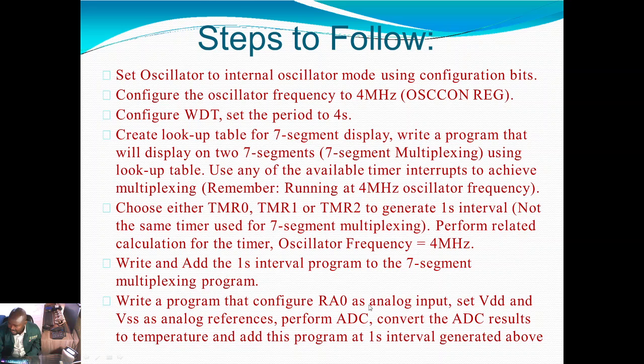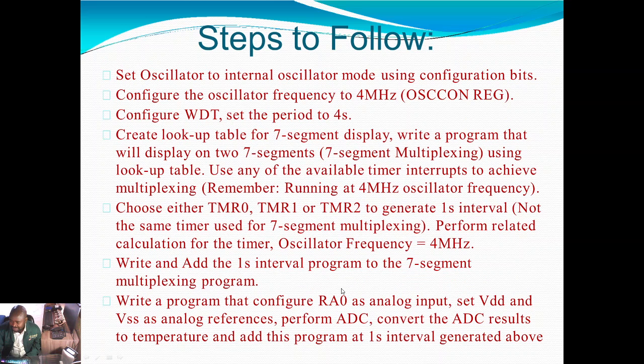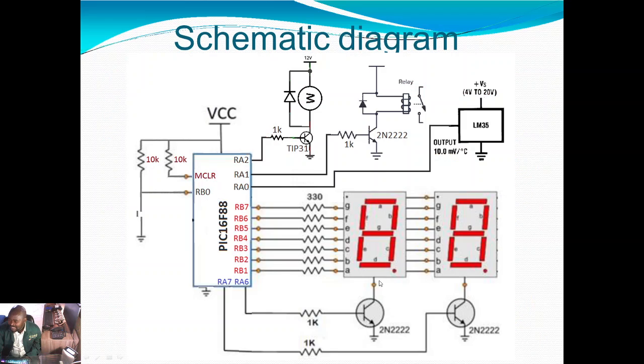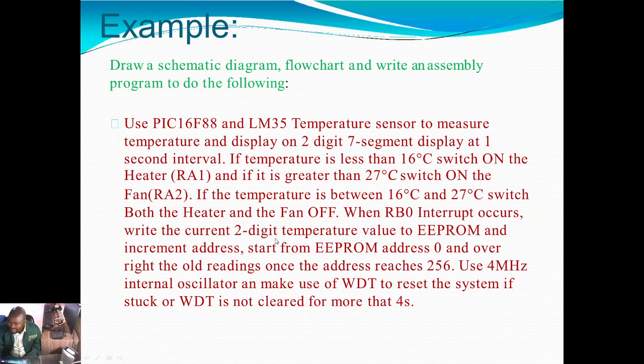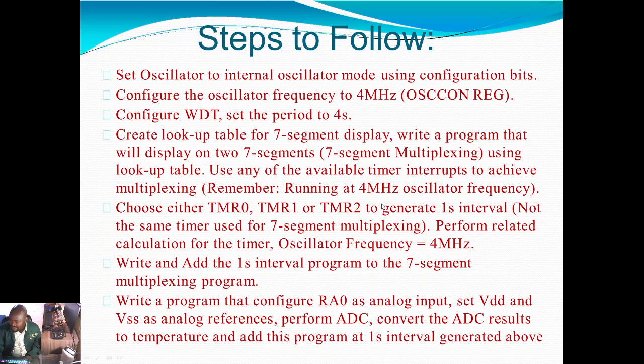We still have to do the ADC program, and then we write the EEPROM program, and then we check the temperature if it is above and below. If we can do these 3, we will have achieved what was asked entirely. Right, so let's try and continue.